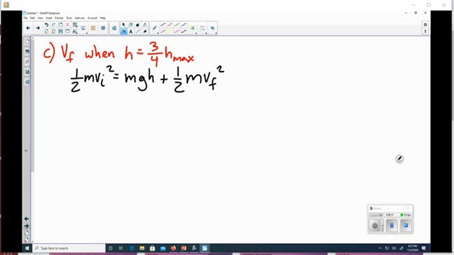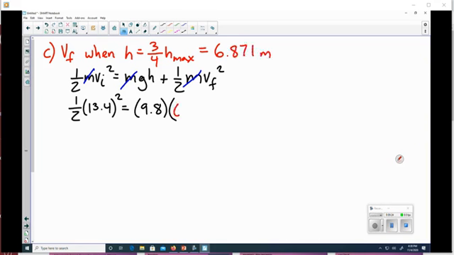And so then we just plug everything in and solve it for the final velocity. So in this case, when it's 3/4 of the way up, the height is 6.871 meters, and we can determine the final velocity at that point.